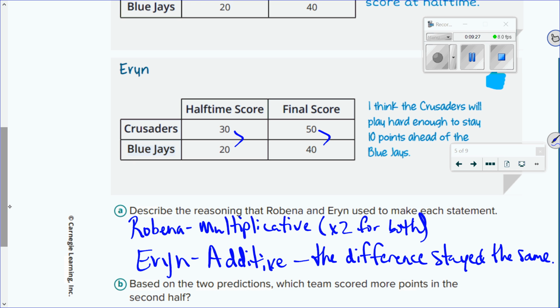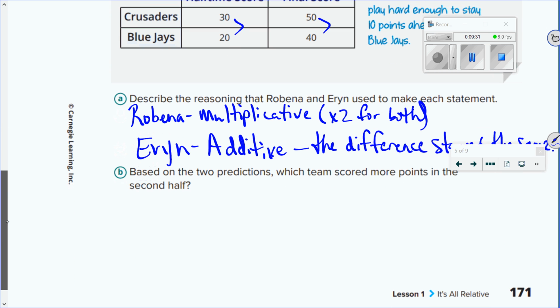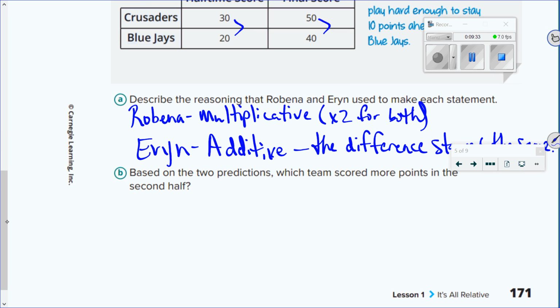Okay, so based on the predictions, which team scored more points in the second half? Based on both her things, it's the Crusaders that won in both. They won in both, but that wasn't the question. Which team scored more points in the second half?